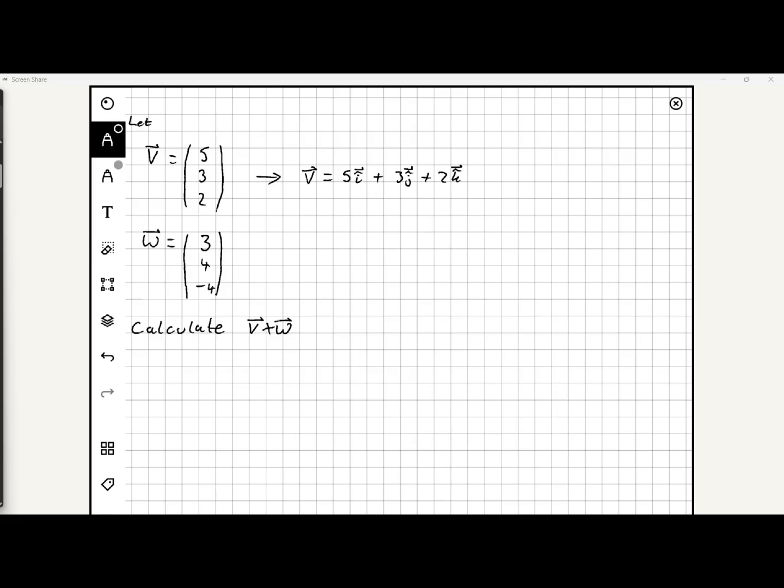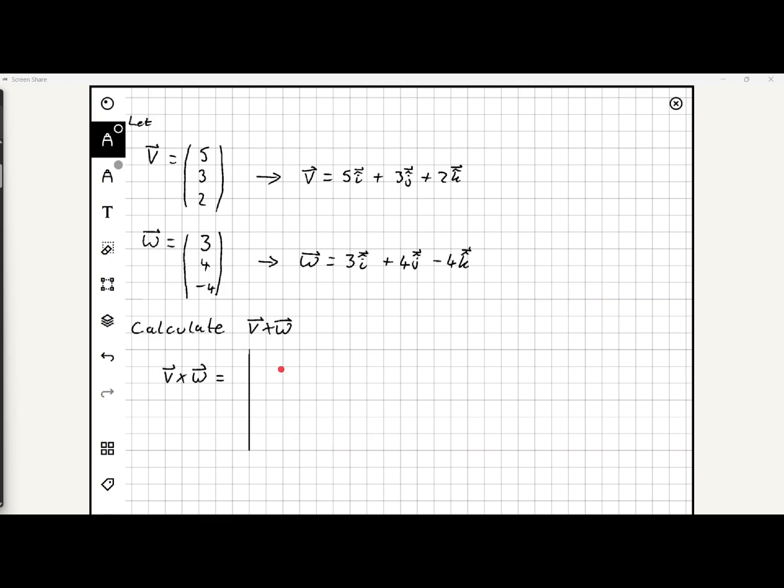That would be a different way of writing this vector. It's just the same thing in a more compact form. So W would be 3i plus 4j minus 4k.